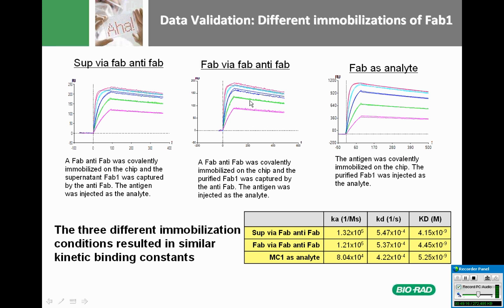In the second channel, the purified Fab was captured by the capturing Fab, and in the third way, the antigen itself was immobilized on the chip, and the Fab was injected as an Analyte. And you can see here the results are very similar in all 3 ways, and this validates that there are no artifacts or misleading results.